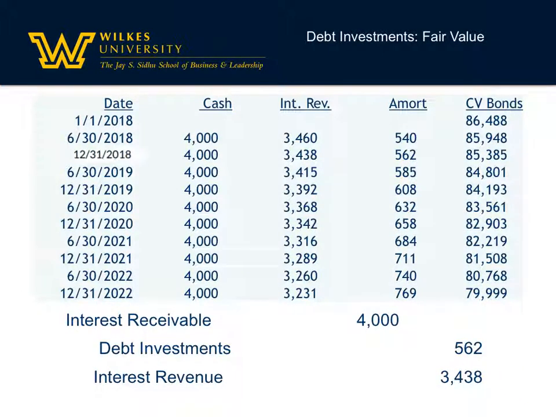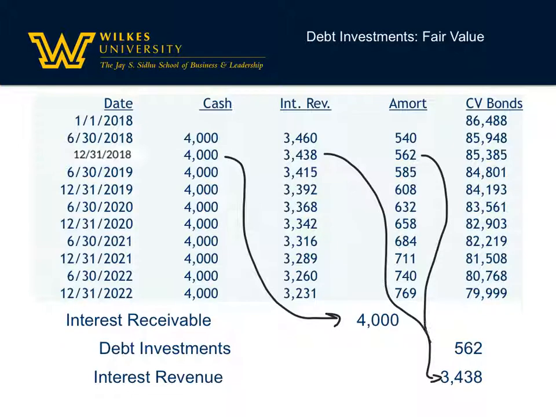Your entry on December 31st is the same for the amortized method as the fair value method. You're going to debit interest receivable because it's December 31st and you're not going to receive the cash till January 1st. So you're going to debit the interest receivable for $4,000. You're going to record the interest revenue at $3,438, and you're going to amortize by crediting debt investments for $562.